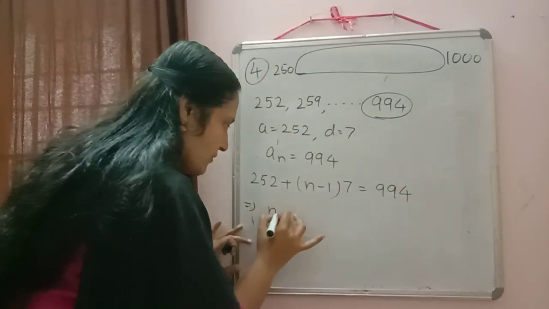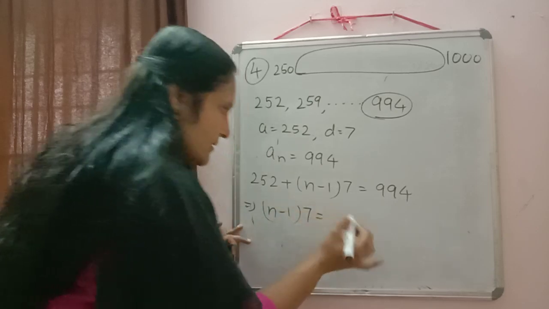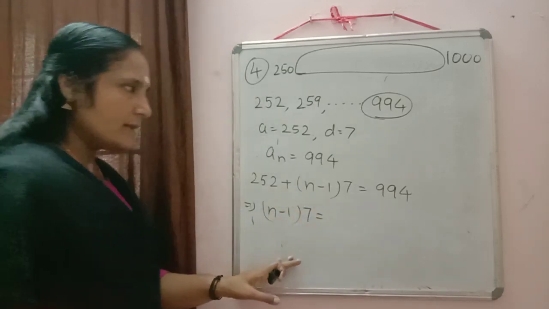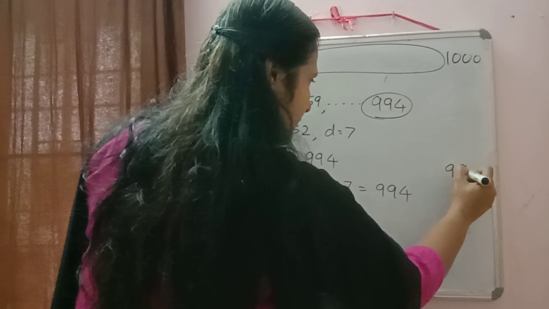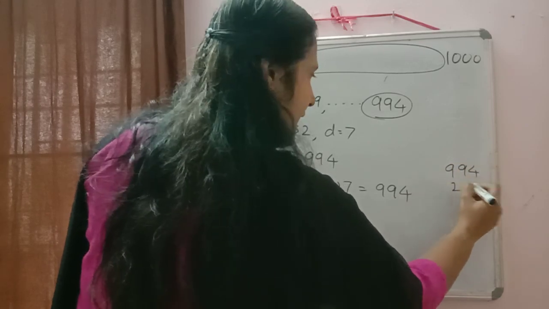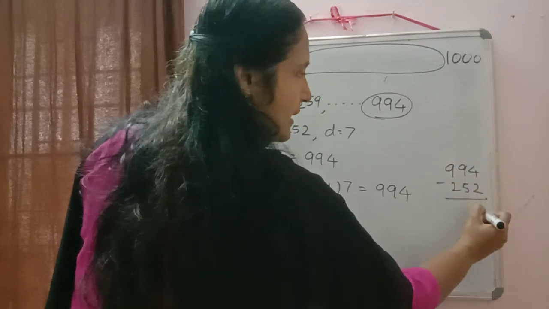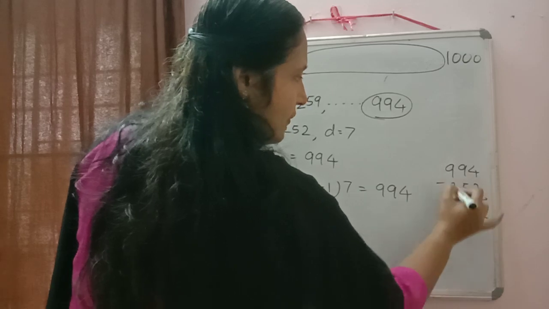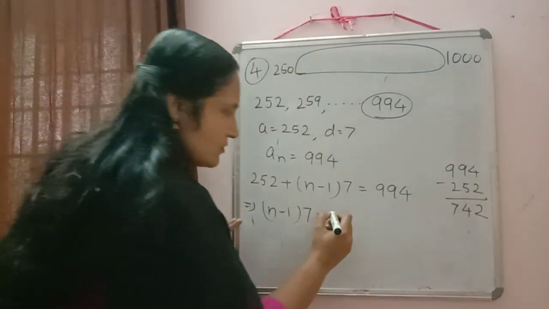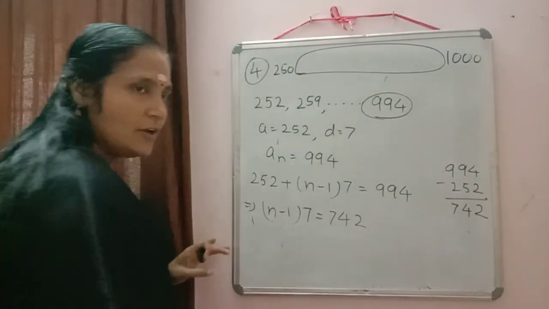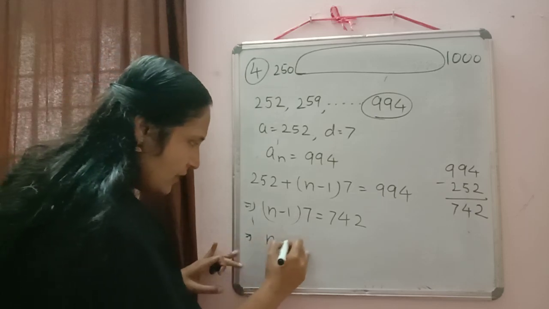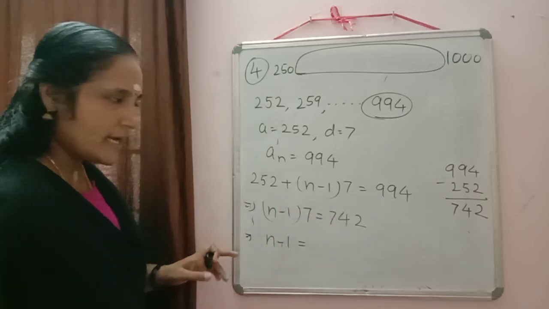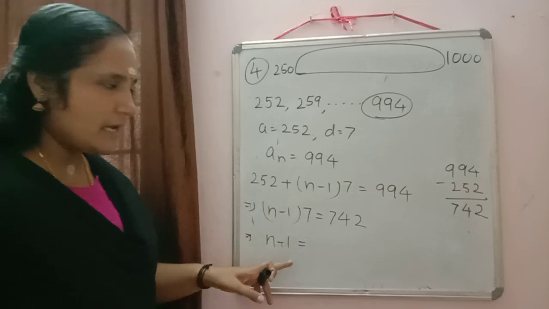Now 252 we can shift to the left hand side, so it will get subtracted there. Subtraction you can do somewhere else, and then you can write the answer only there. 4 minus 2, 2, 9 minus 5, 4, 9 minus 2, 7. So here we will get 752. Now 7 we will shift to the right hand side. 7 is multiplied by n minus 1.